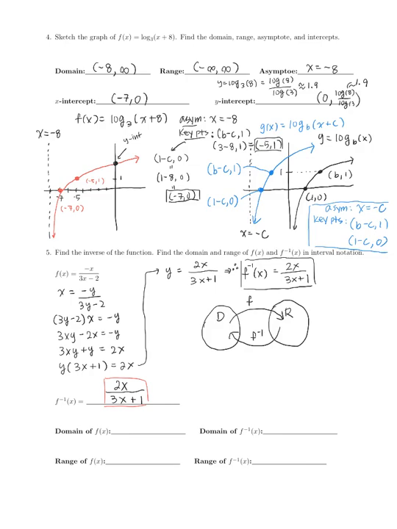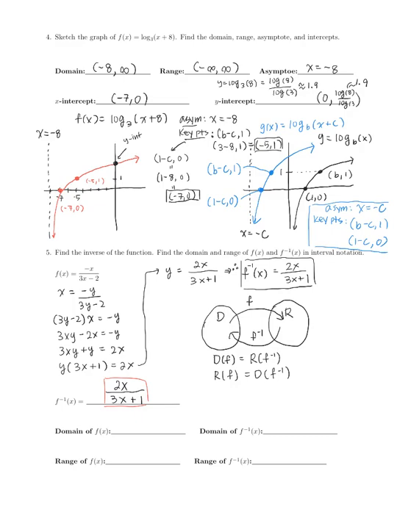So it looks like the domain of f is exactly the same thing as the range of f inverse. And then the range of f, that's on the right hand side, is exactly the domain of f inverse. Okay, so that's the relationship.